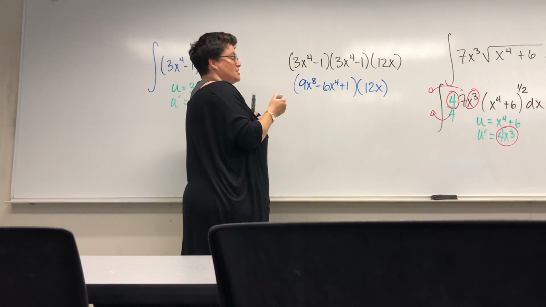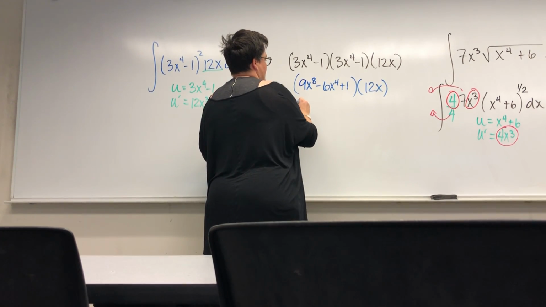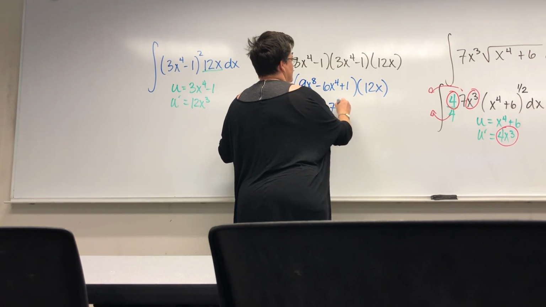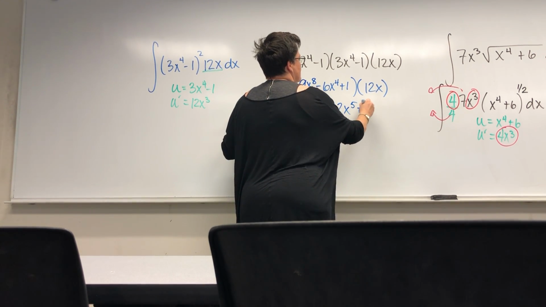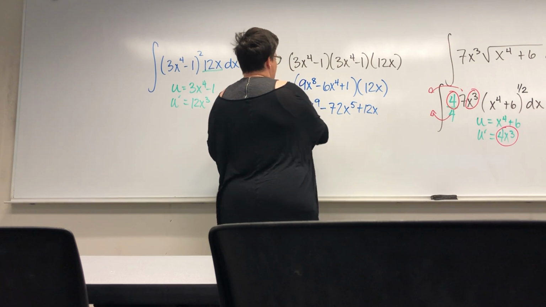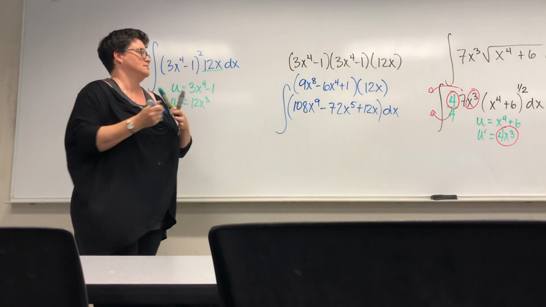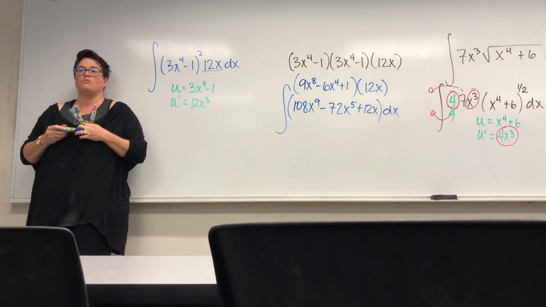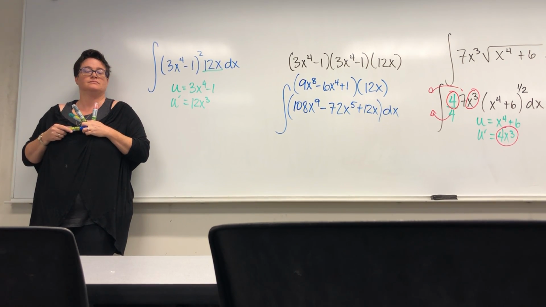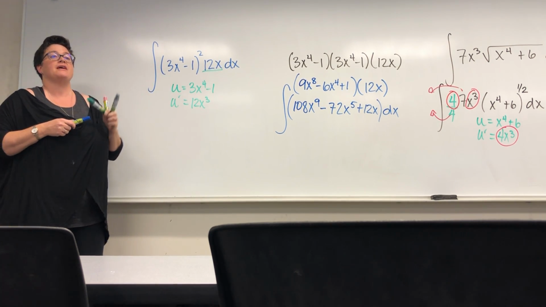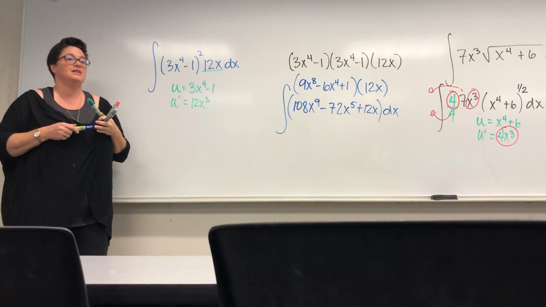Now I'm going to distribute that 12x. So I get 108x to the 9th minus 72x to the 5th plus 12x. Now I can integrate this with respect to x, and we'd be using integral number 1. So you wouldn't just leave it at that? No, this is integrable, just not by method number 2. It would be method number 1.